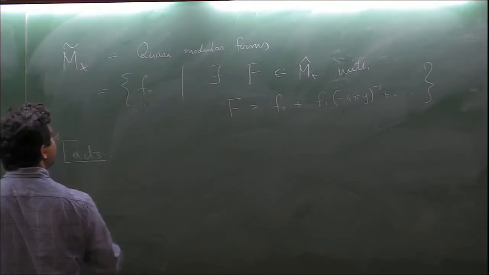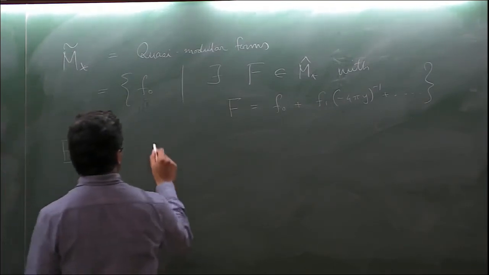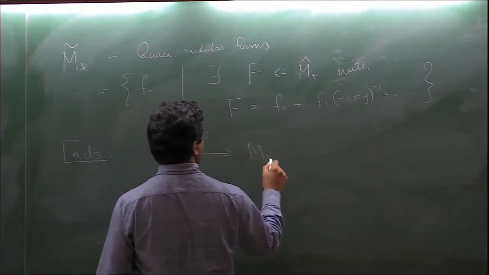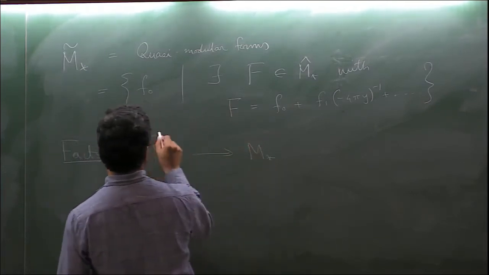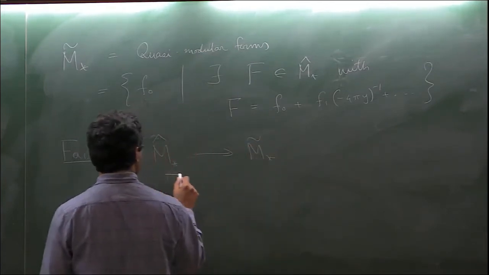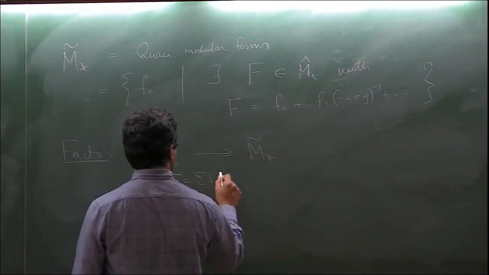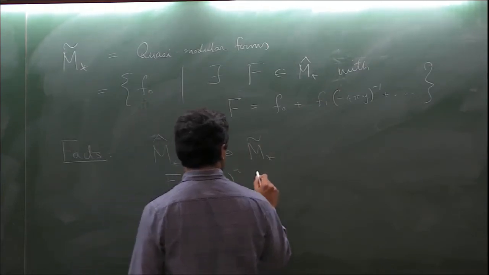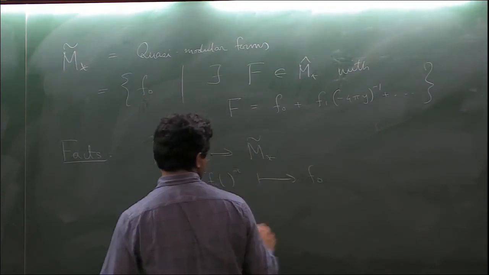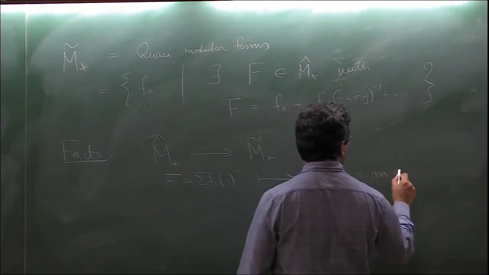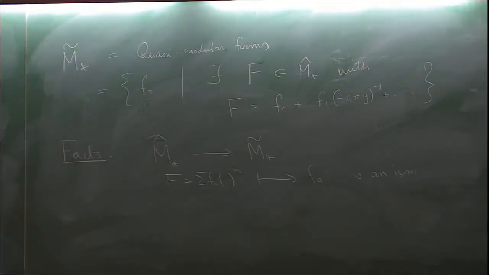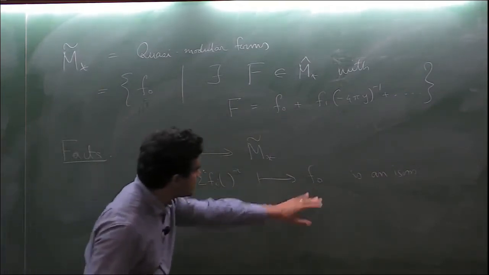And I'll write down two facts. The map from almost holomorphic forms to quasi-modular forms, sending the sum of f_i (minus 4 pi y) to the minus i to f_0, is an isomorphism of rings. So an almost holomorphic form is in some sense determined by its constant term.